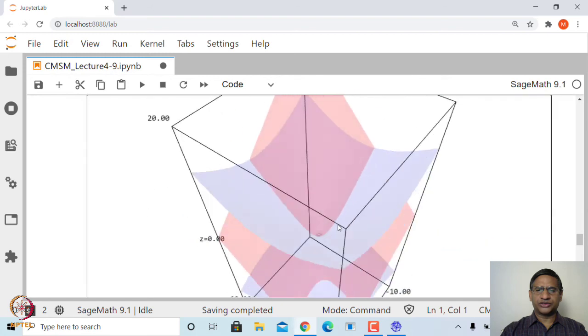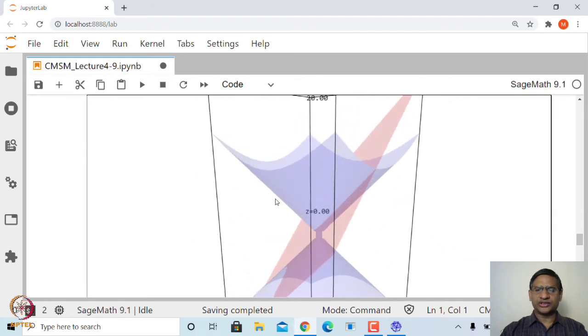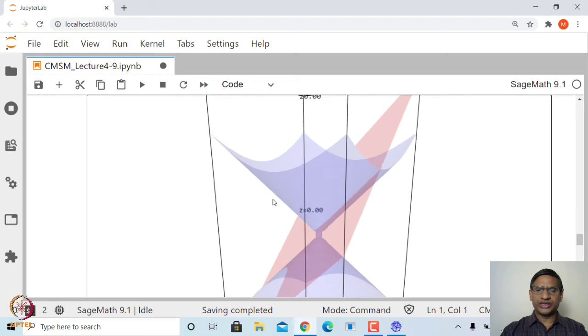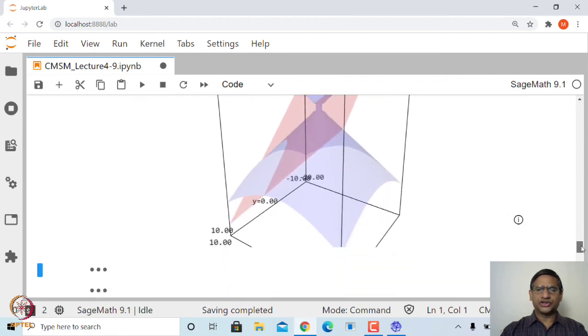Let me just rotate this, and you can see here the curve of intersection of this cone with this plane, that is the curve of intersection. Somewhere here is the origin. From the origin you want to look at the distance of a point on the curve of intersection, and you want to find the minimum value of the function, right.